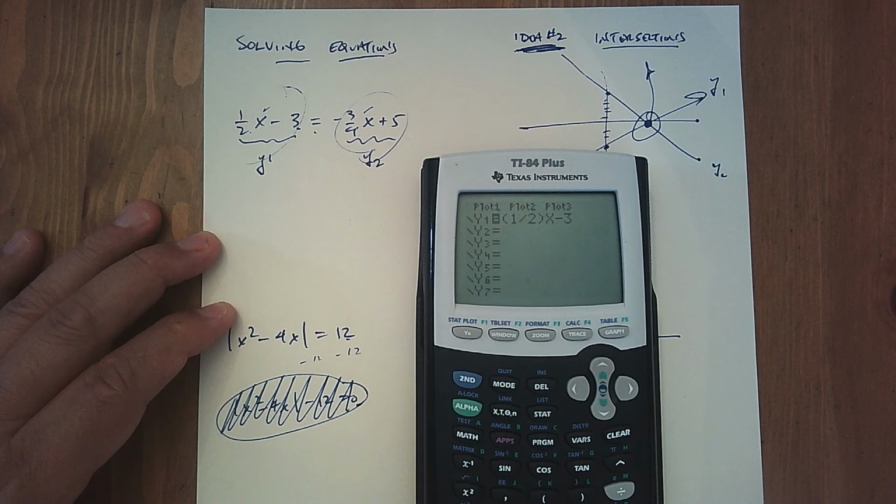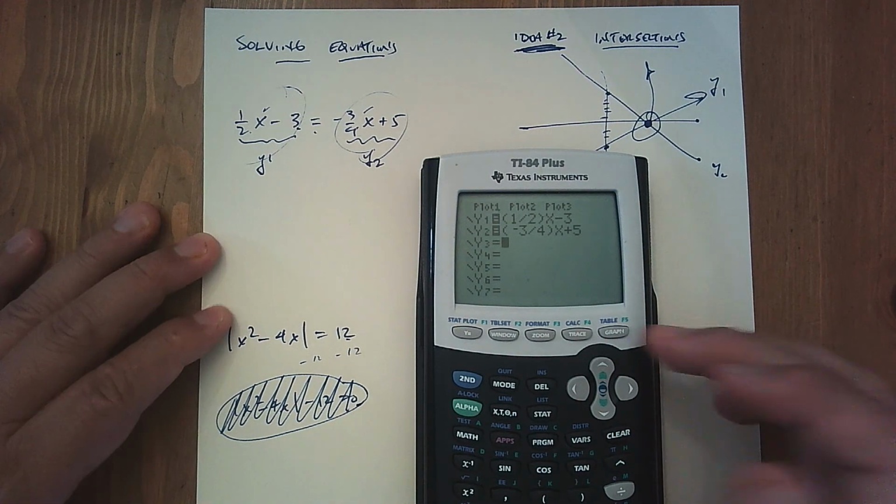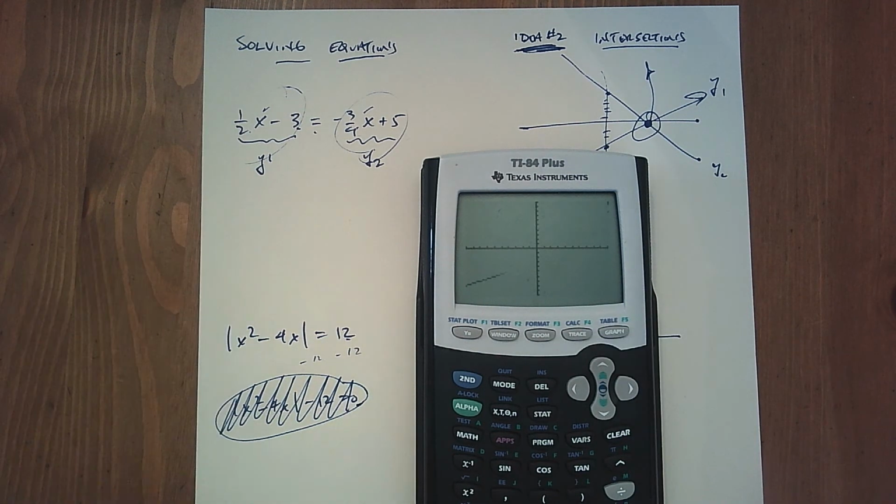So now it's loaded into the calculator. The next one, again, parentheses, -3 divided by 4, x, and then plus 5. And press enter. So I've locked both of them into the calculator. I'm going to go graph. There's the first line, right, 1/2 x minus 3. And there's the next line, right, -3/4 x plus 5.